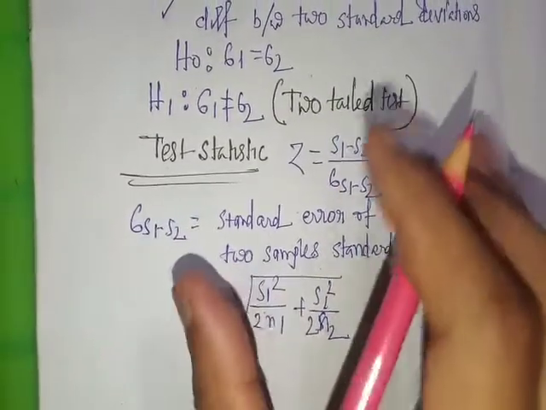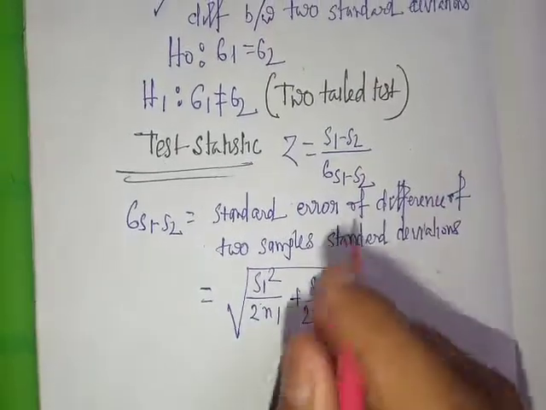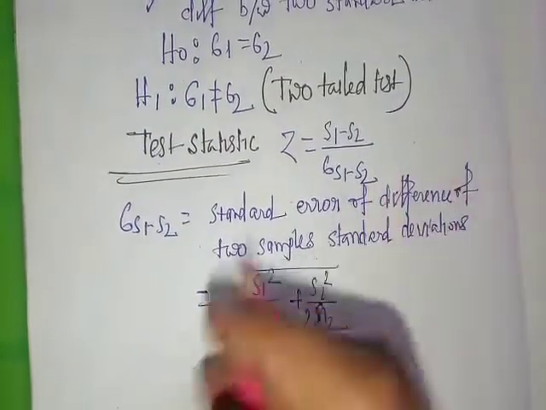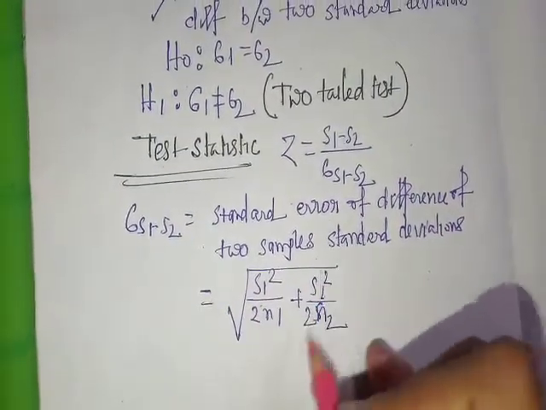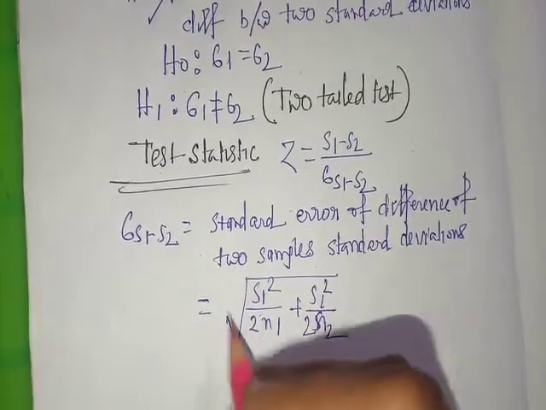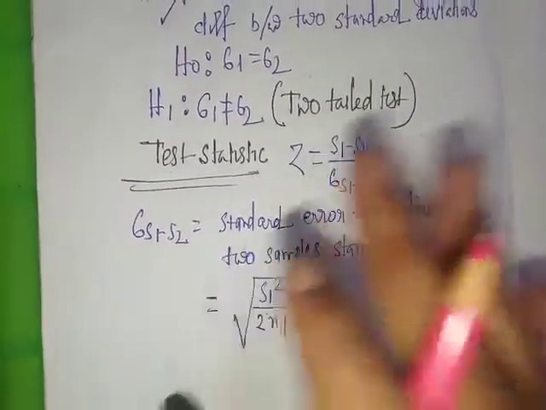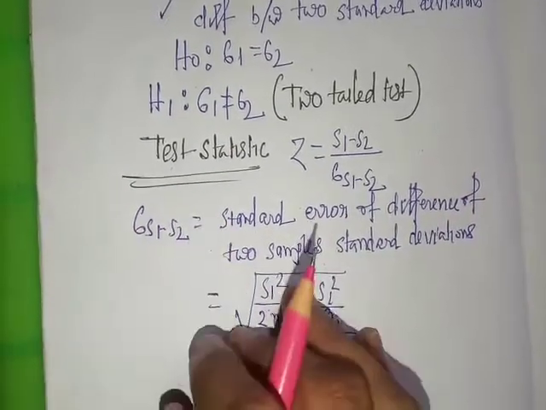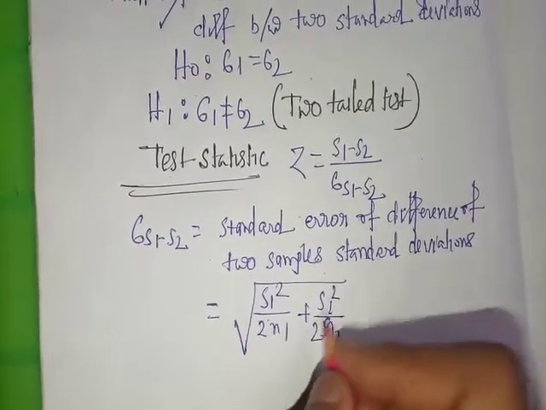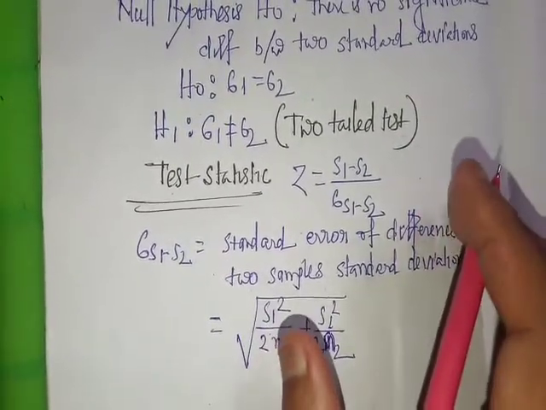Since here in this question the population standard deviations are unknown, the formula of standard error of the difference of two sample standard deviations is root over S1 square by 2n1 plus S2 square by 2n2, where S1 and S2 are sample standard deviations respectively.